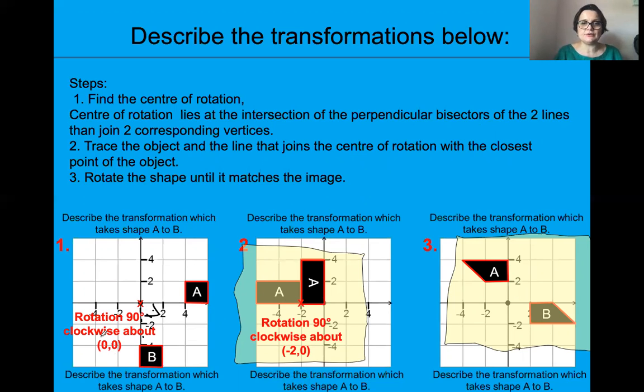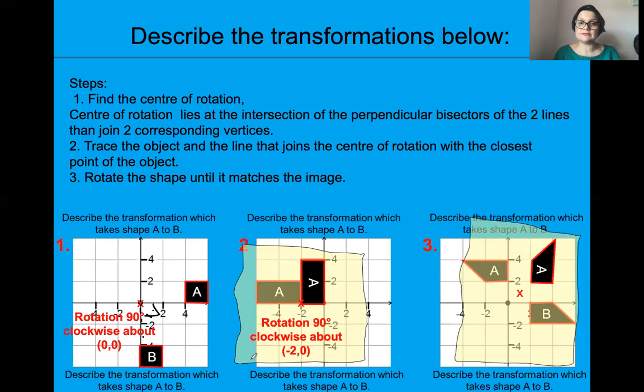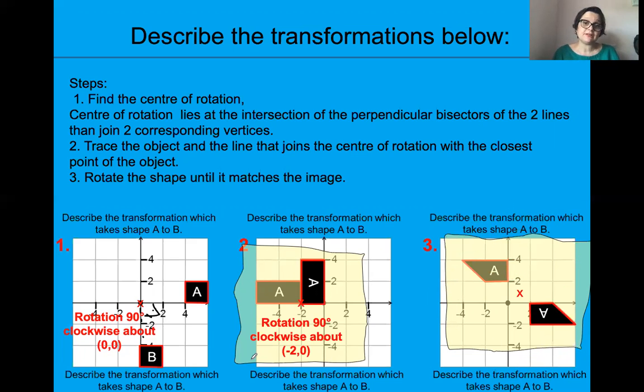Second one, it is going to be clockwise about -2, 0. And for the first one, let's have a look. If you follow the rules of how to find the center of rotation, the center of rotation is going to be right there. Spin it both ways. And we just found out that actually this is a clockwise rotation about 1, 1.